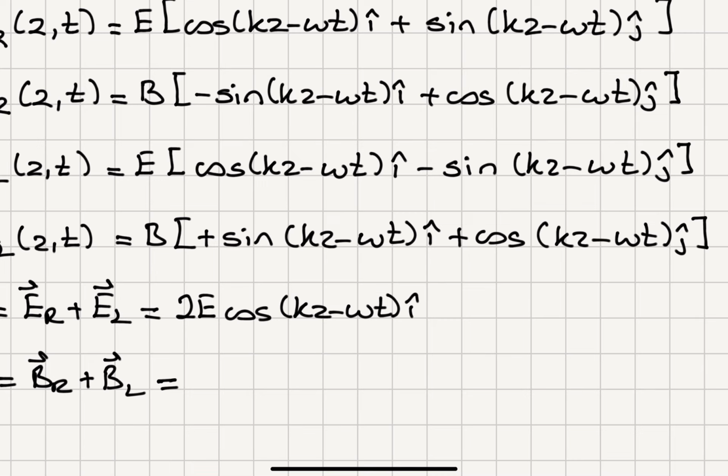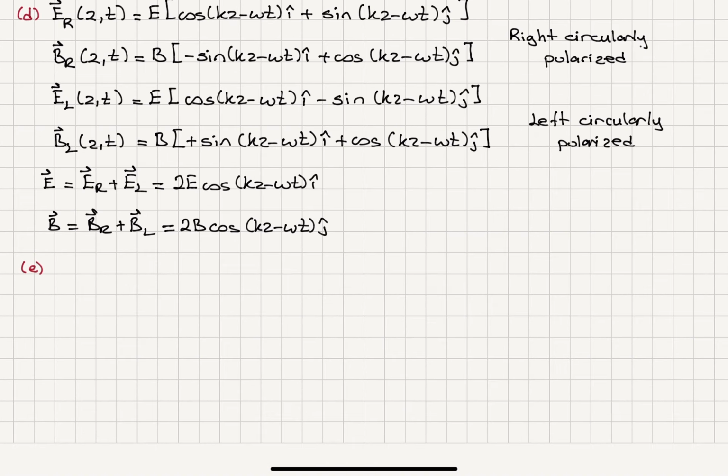I will obtain two cosines in the j hat direction. So this is 2B cosine kz minus omega t in j hat direction. So that's the answer for the sum, superposition.